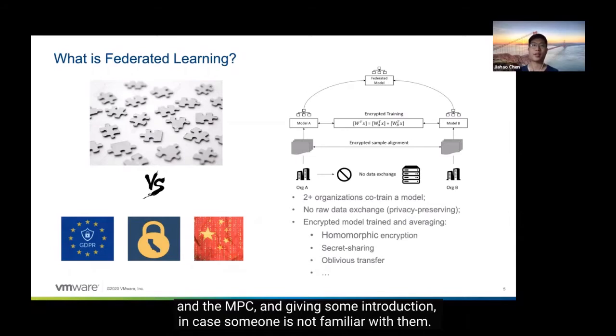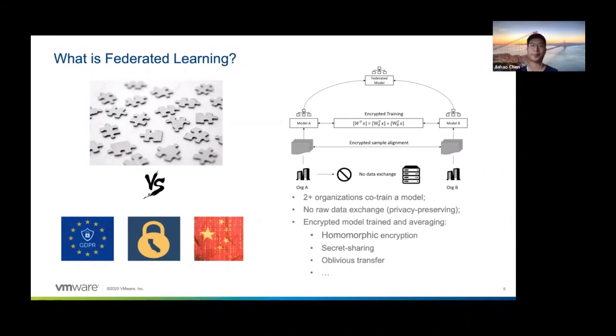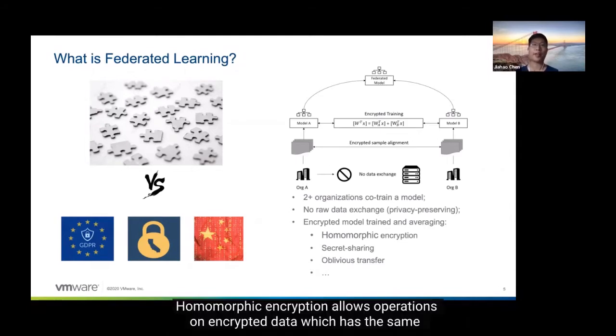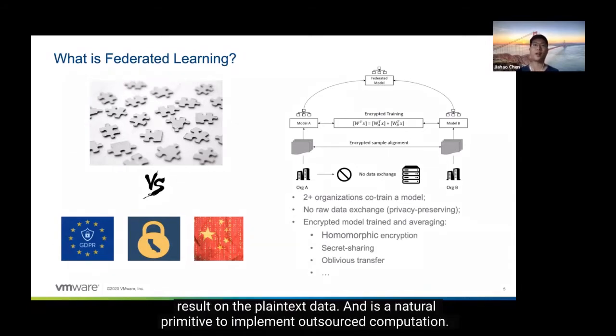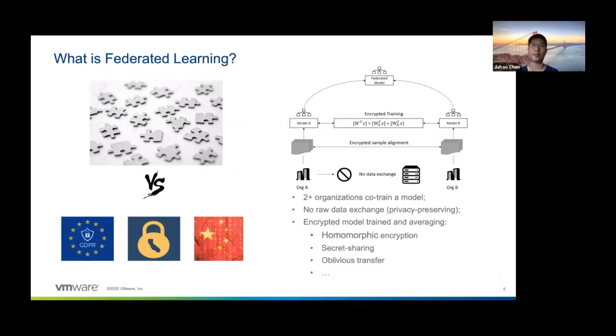I will give some introductions in case someone is not familiar with it. Homomorphic encryption allows operations on encrypted data, which has the same result as on the plain text data. And it's a natural primitive to implement outsourced computation.